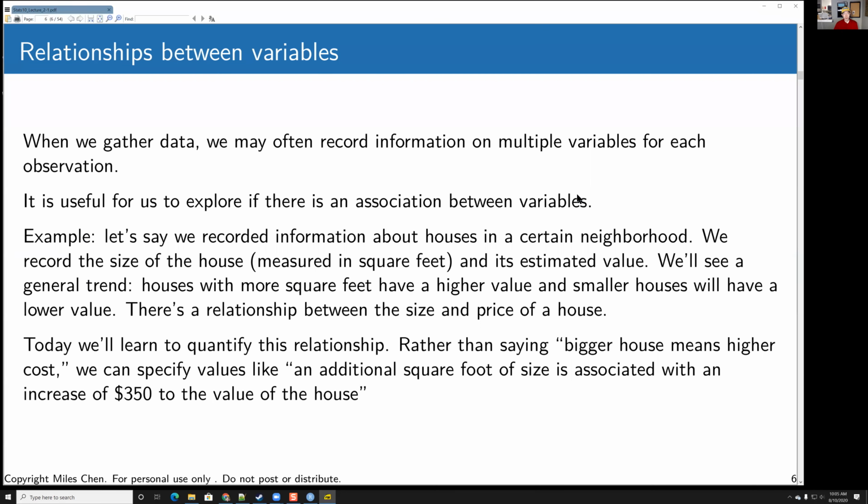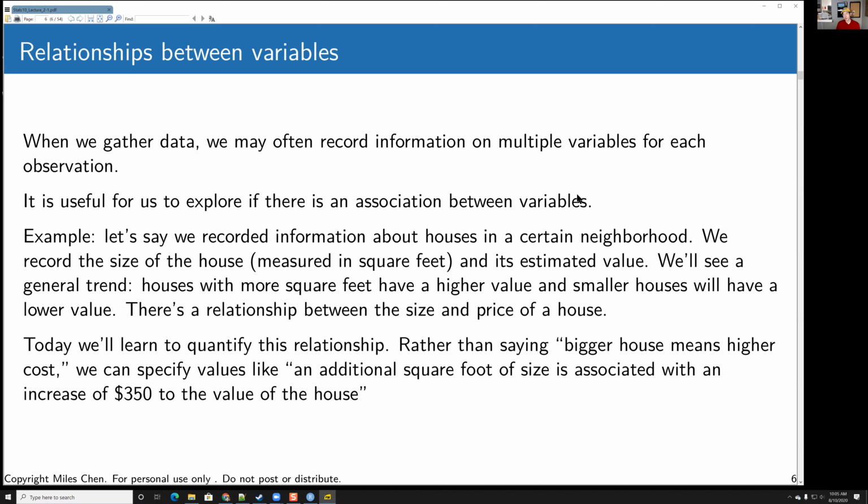So when we talk about describing relationships between variables, we have to keep in mind that oftentimes, for one observation, let's say we're measuring things about a person, or about a house, whatever it might be, we might record multiple variables for each observation, okay?